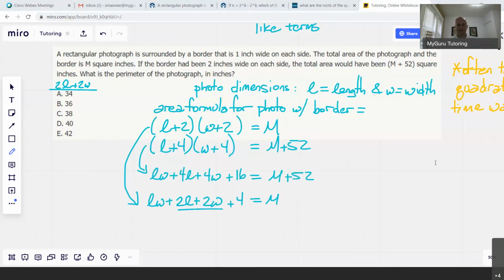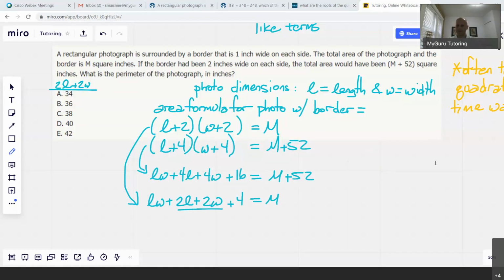So now, is there a way to manipulate the system of equations to solve for 2L?